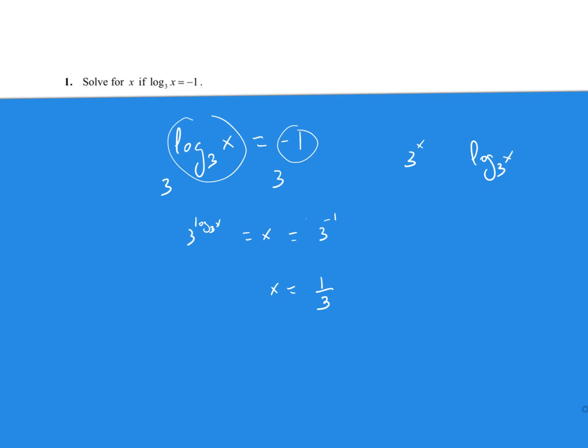Okay. This is the result. Now, next problem. It says solve for x. So you have an equation that says that x squared minus x is the log in base 5 of 25. Who is x?